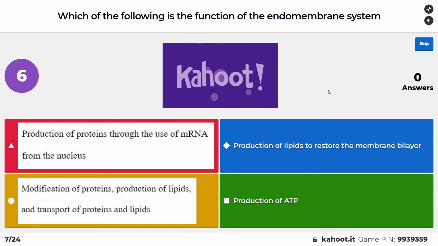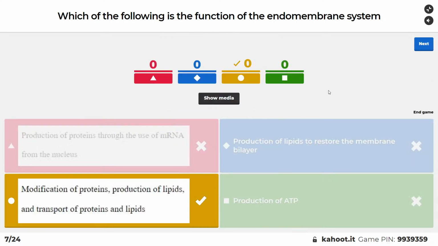The endomembrane system regulates protein traffic and performs metabolic functions in cells. So that's the C answer, the yellow circle. It wouldn't be the production of ATP, because that's in mitochondria, and the endomembrane system includes the nuclear envelope, the endoplasmic reticulum, the Golgi apparatus, and the lysosomes, vesicles, and vacuoles.